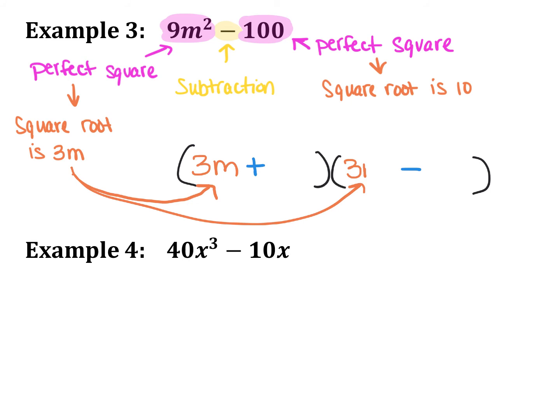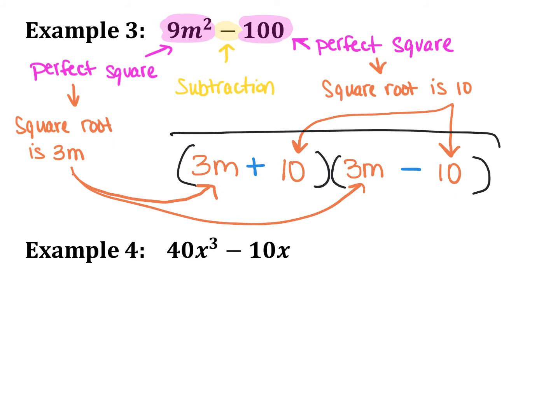And since it was the first perfect square, we're going to fill it into the first spot in each binomial. And then our last perfect square, the 100, remember you're going to use the square root, 10. We're going to fill that into the second, or the final spot for each binomial here. So it looks like our final factorized answer is 3m plus 10 and 3m minus 10.